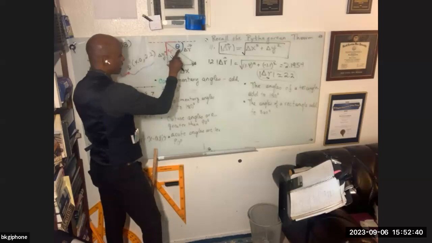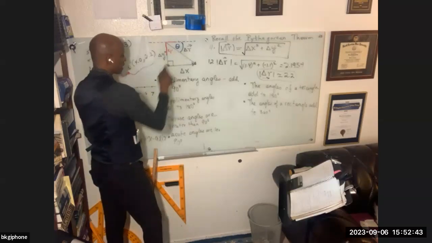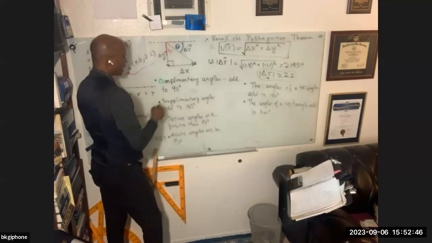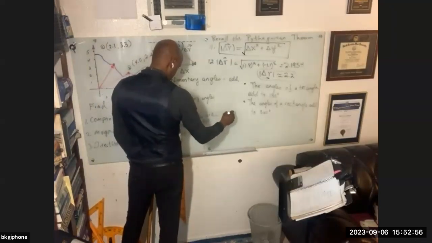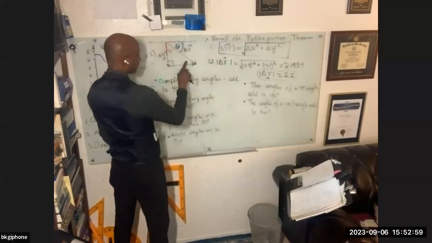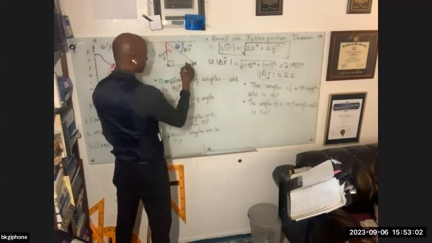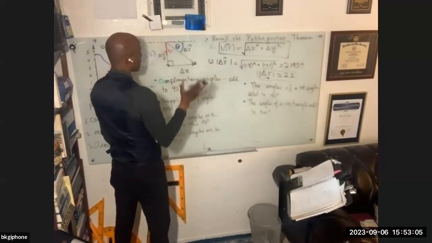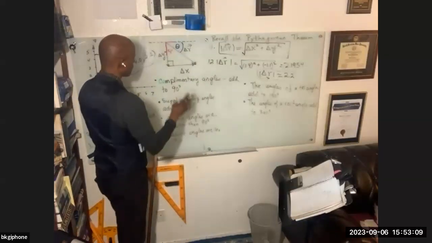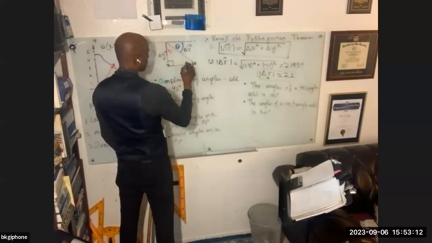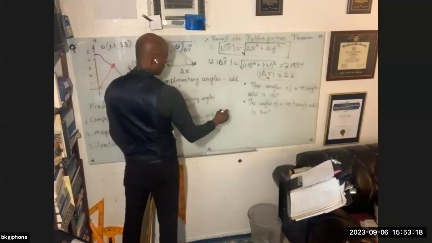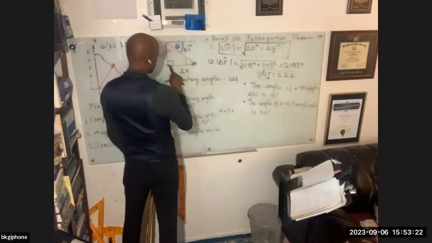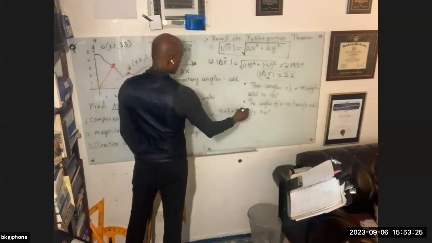So if that is theta and that is alpha, and theta plus alpha equals 90, and if the total angles of a triangle equal 180, then alpha plus whatever this angle is, let's call it question mark, plus the 90 degrees equals 180 degrees.